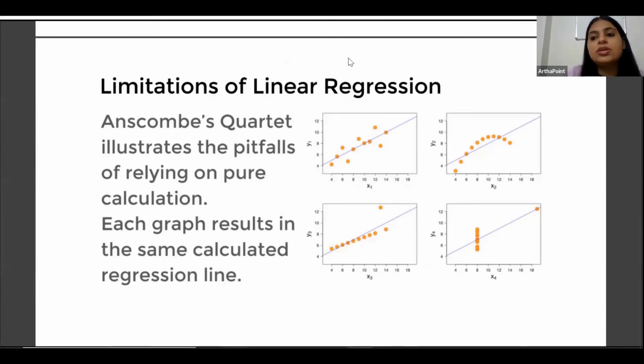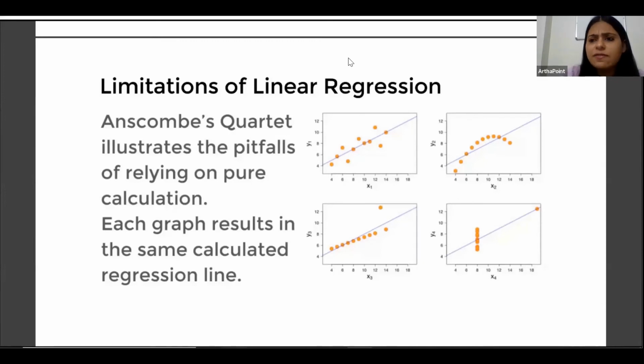For example, the example that I was giving you. When I say that I want to predict my happiness from pocket money, happiness is a qualitative variable. It can either be I am happy or I am not happy. It can only take two values. So when your y variable can only take two values, when it is a qualitative variable, or when the relationship between y and x is polynomial, linear regression will not work.